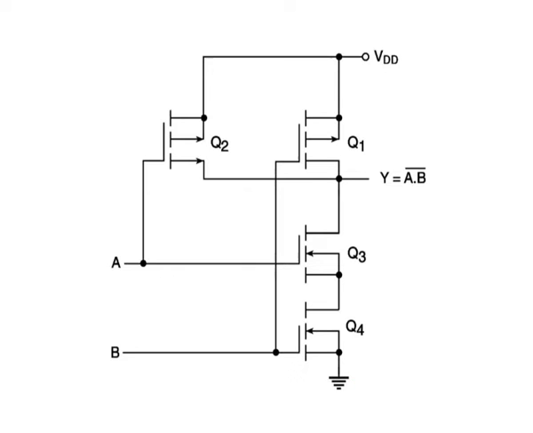For the output to be in logic 0 state, it is essential that both the series connected N-channel devices conduct and both the parallel connected P-channel devices remain in the cutoff state. This is possible only when both the inputs are in logic 1 state.